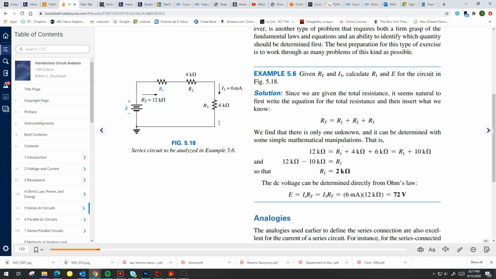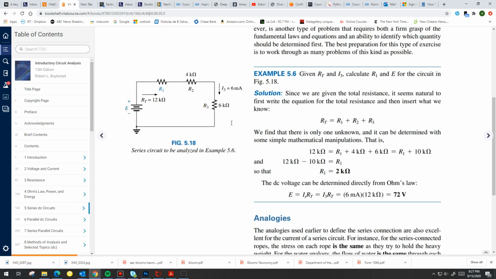What they want to know is the value of R1 and the value of the source voltage. Given what we know already, we can easily find those values. Without plugging in any numbers, we know that the total resistance is equal to R1 plus R2 plus R3.